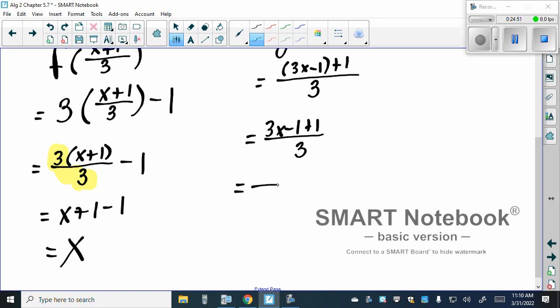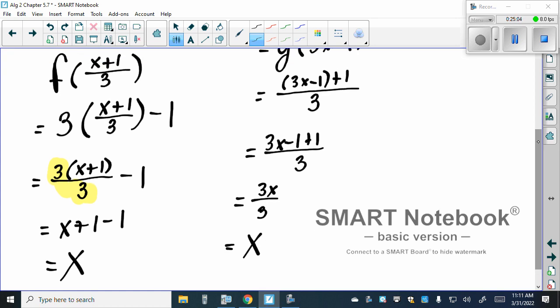Negative 1 plus 1 is 0, so I just have 3x over 3, which simplifies to x. So g of f of x is also x. So can we say these two functions are inverses? Yes.